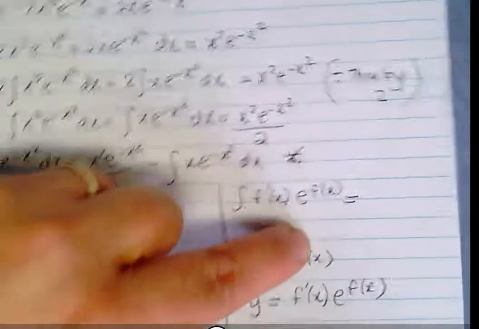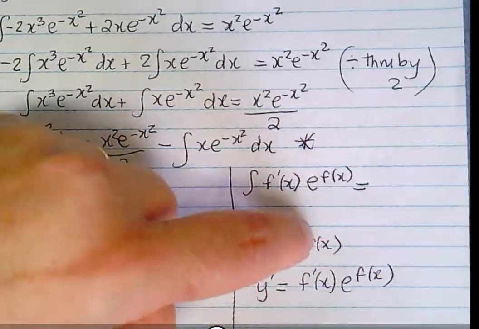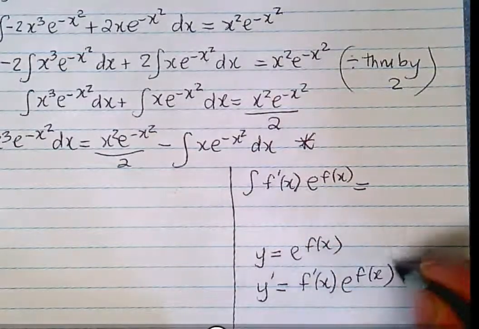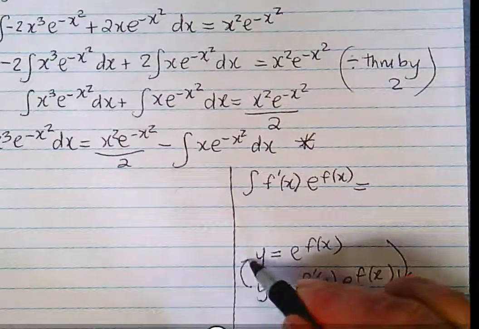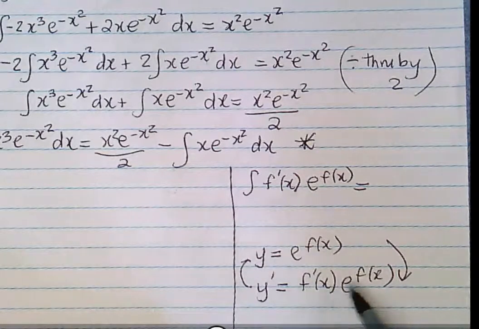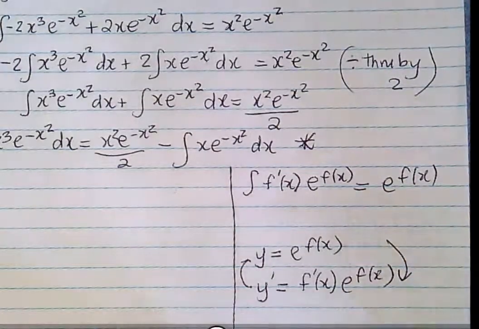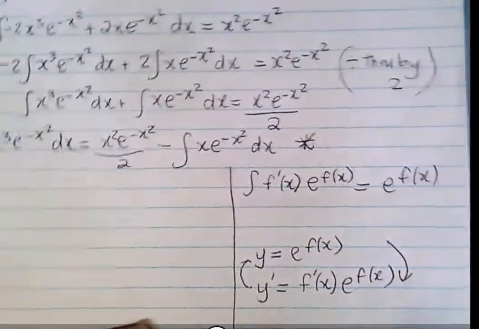It's e to the function of x times the derivative of this function. Hence, if you integrate f dashed x e to the function of x, you get e to the function of x.